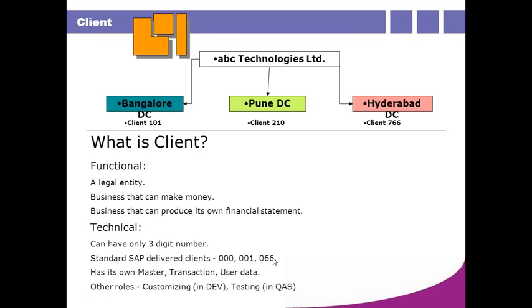They will suggest if any kind of bottlenecks happen, or going forward you might face any risks also. They can see that. They will suggest what actions you need to take. Yearly once or twice it will do in your production system. At that time it will log in through the 066 only. So this we are not going to use from the basis point of view.